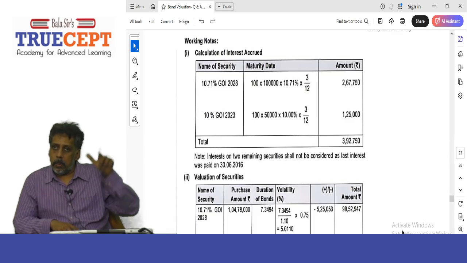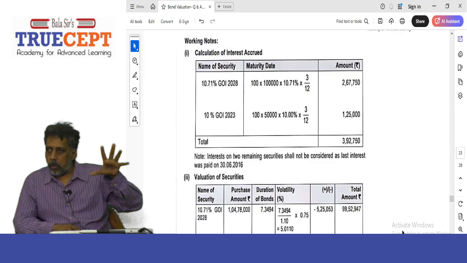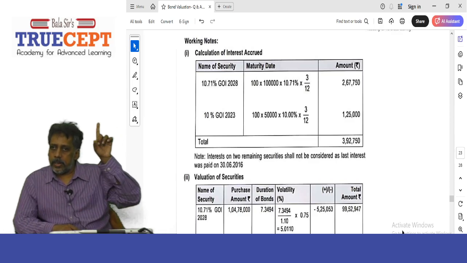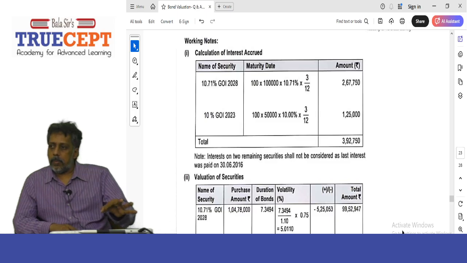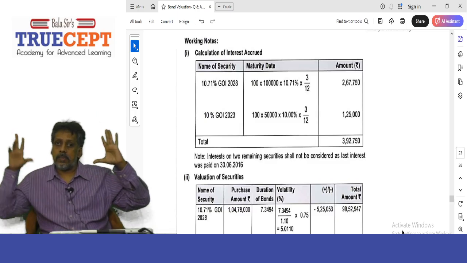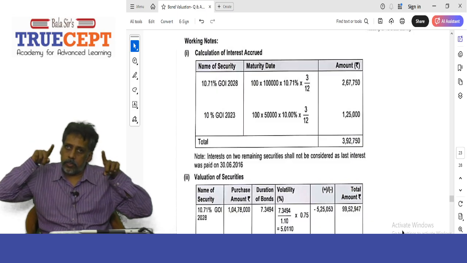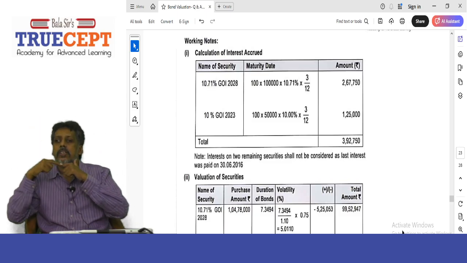And then the second bond, I think there are 50,000 bonds, right? 50,000 bonds into face value of rupees 100 each, into 10 by 100 is the rate of interest. Again, 3 months, March and September. Since we are going to compute NAV on 1st July 2016, you have to see what the last interest date would have been: 31st March.